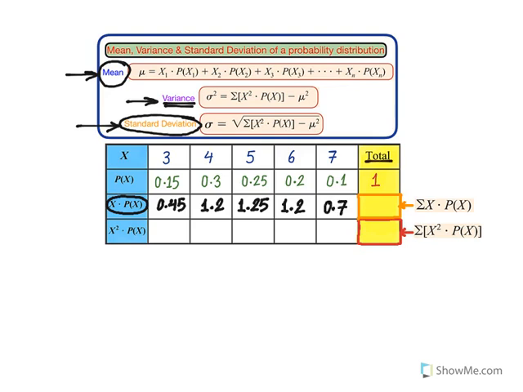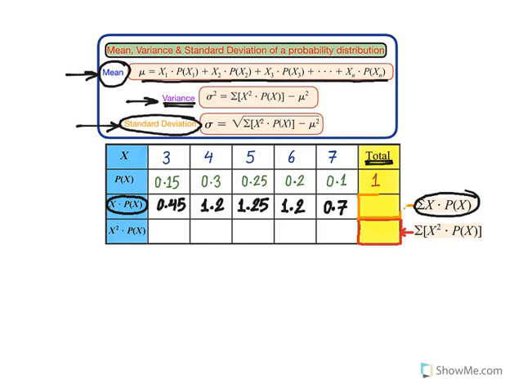Now, you need to compute the total. It means add up all of these numbers in this row. And guess what this would give you? If you add up all these numbers, you'll get exactly the mean. This is the formula for the mean, or you can abbreviate it as the sum of all x times p(x).